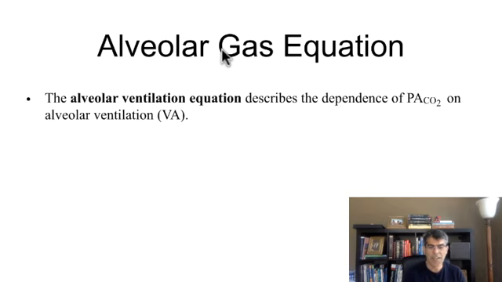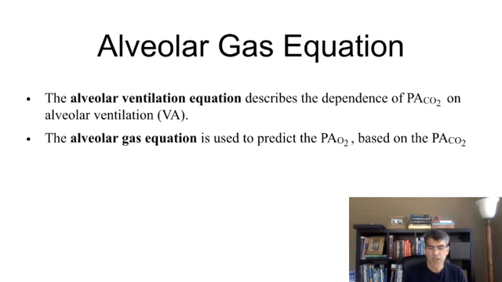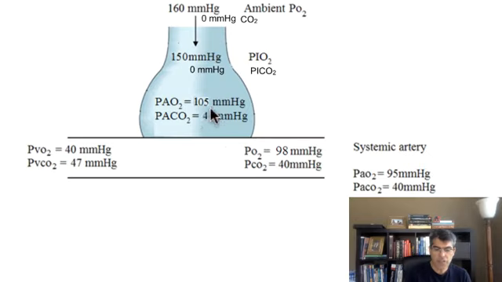What is the alveolar gas equation? In this equation, we want to find out if your PaCO2 goes up or down, if the amount of CO2 inside the alveolus goes up and down, how your oxygen is going to change. That is called the alveolar gas equation. If this PaCO2, which is around 40, changes to 60 or 70 or 80, how is your PaO2 going to change?